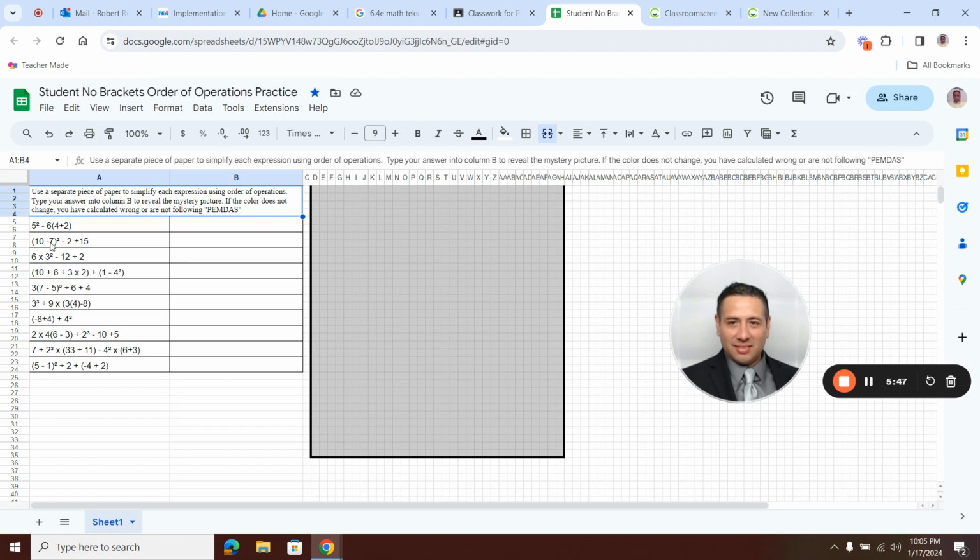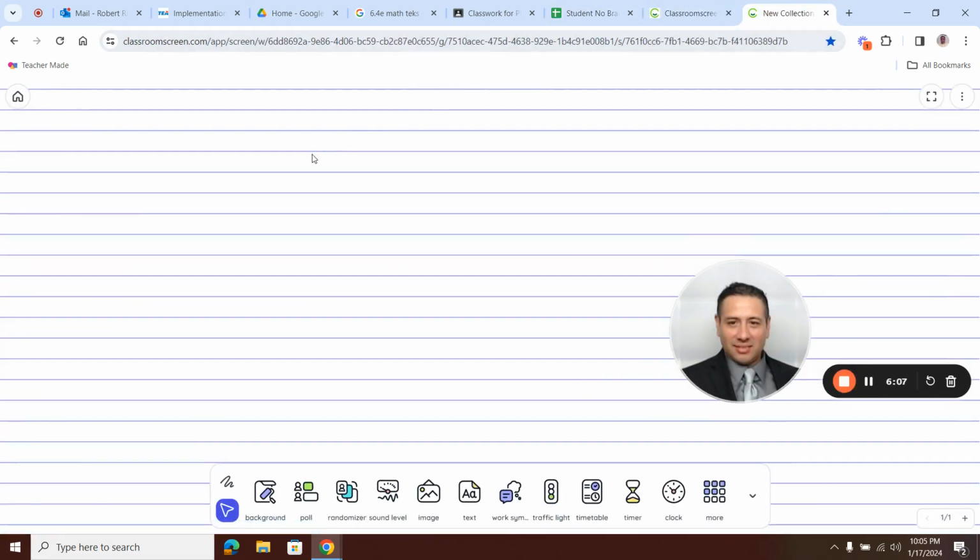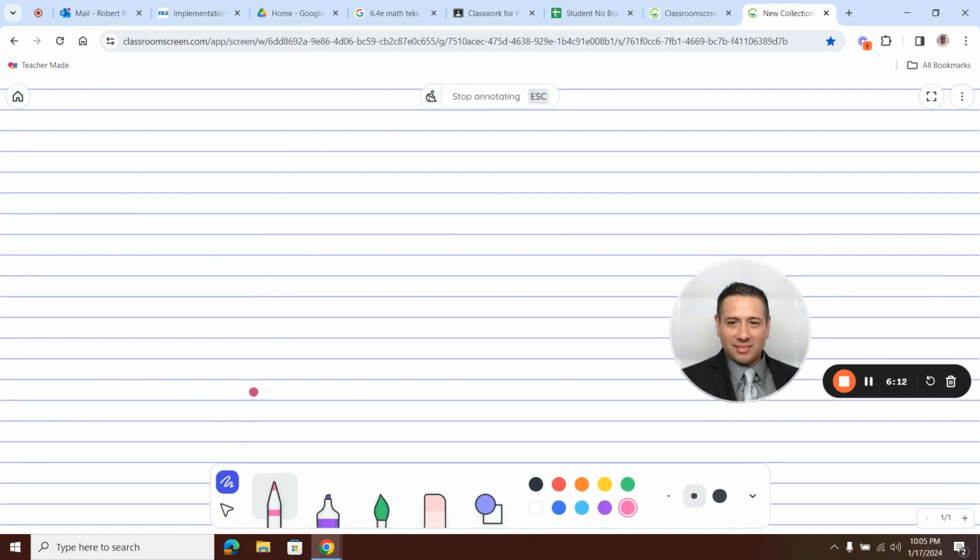I guess I'll do number 2. So this will be 1, 2, 3, 4, 5, 6, 7, 8, 9, 10. So 10 minus 7. Let me copy it on my paper. So here we go. Let me get the blue. 10 minus 7, and it's in parentheses to the second power.